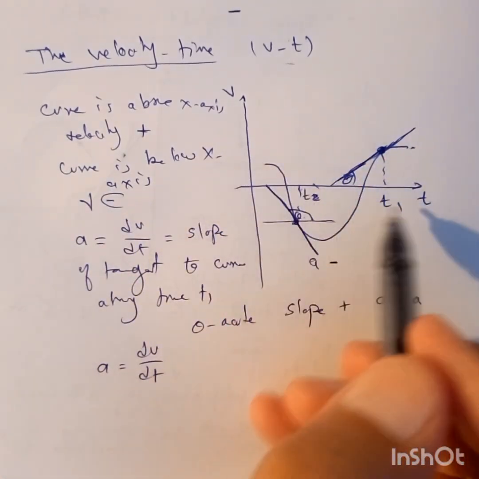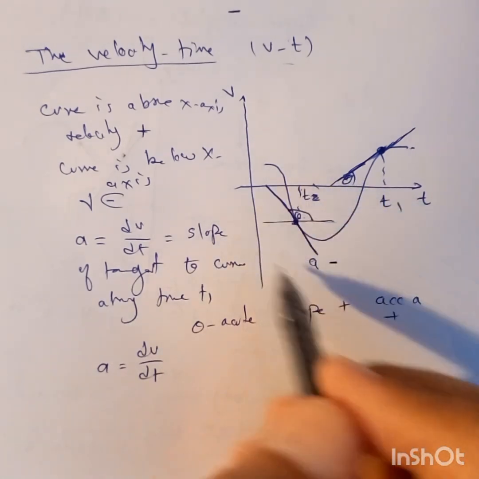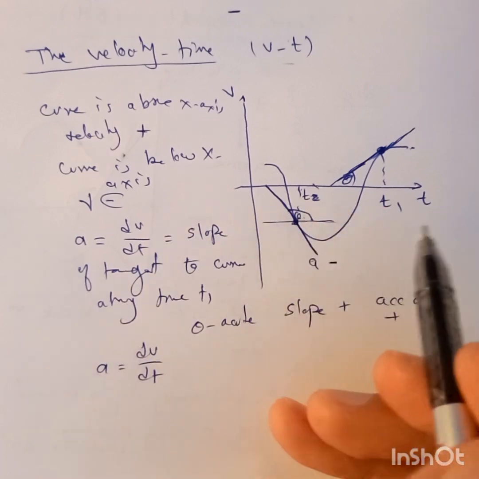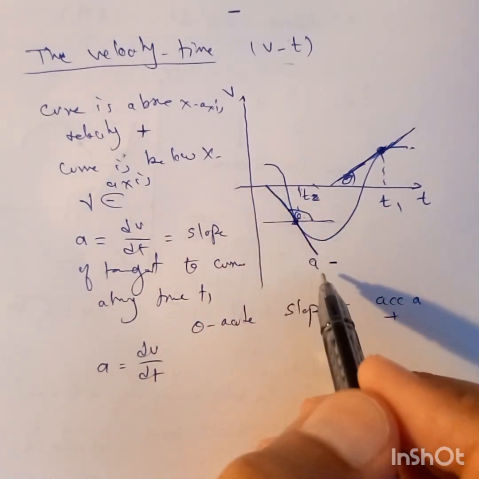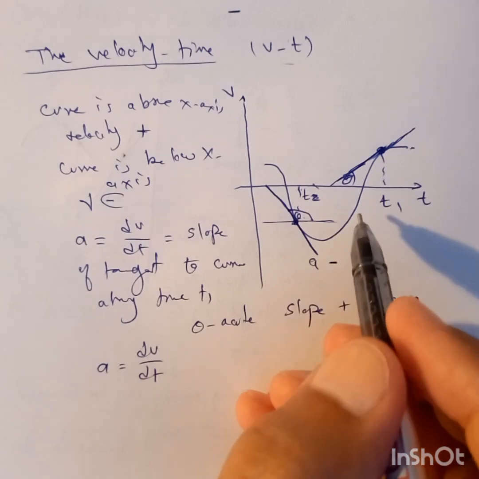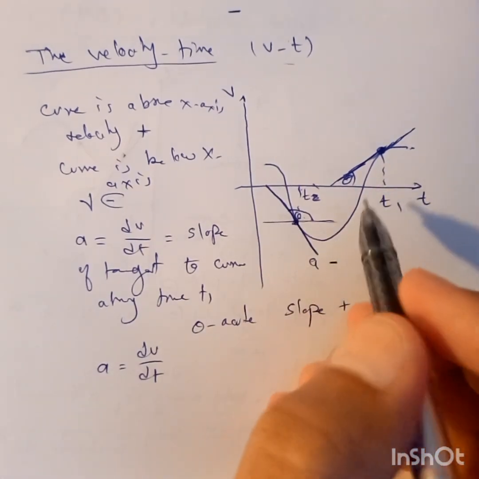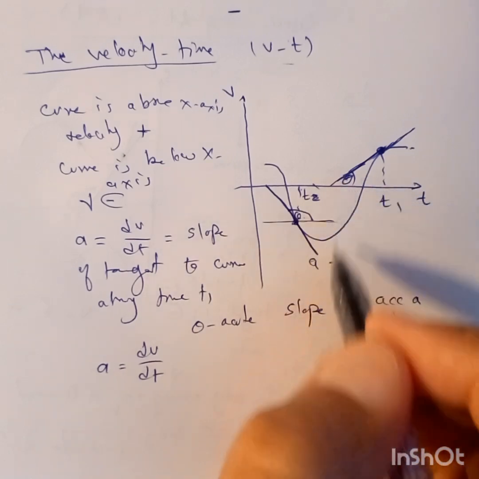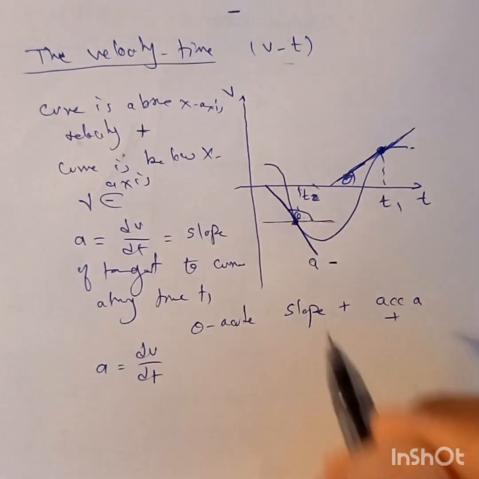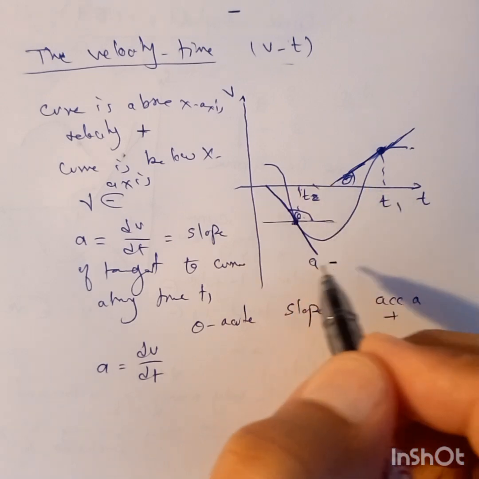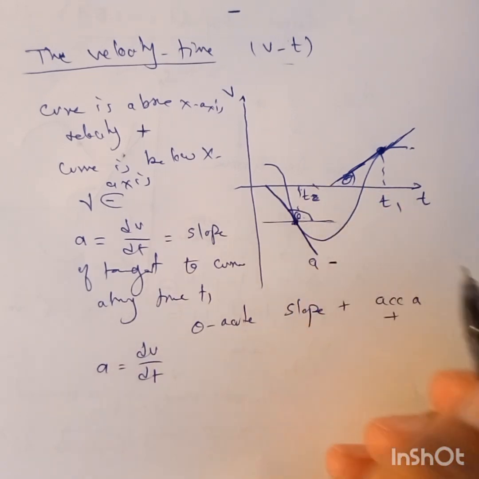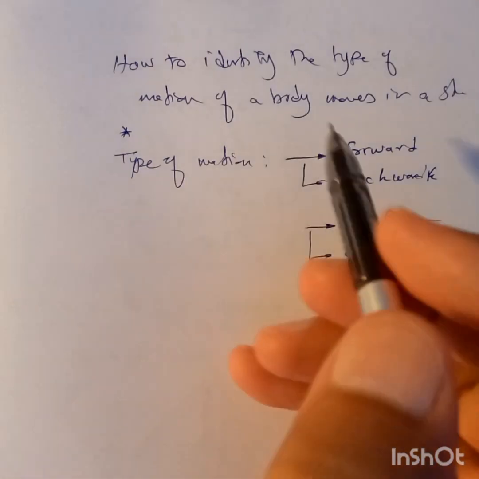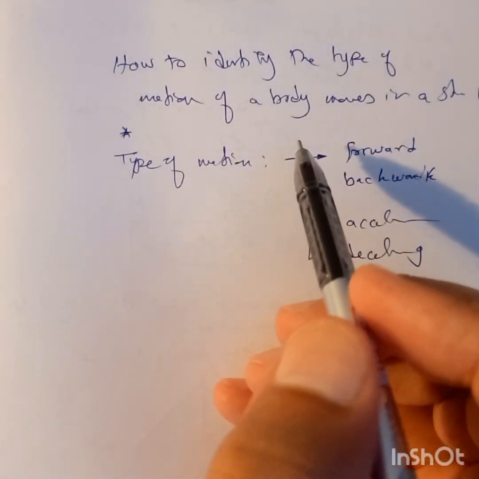Also from this v-t curve we identified the sign of acceleration during any open interval, by deciding the slope of the tangent to this curve representing the v-t relation at any moment. If the slope is positive, then acceleration is positive, and of course if the slope is negative, then the acceleration is negative as well.